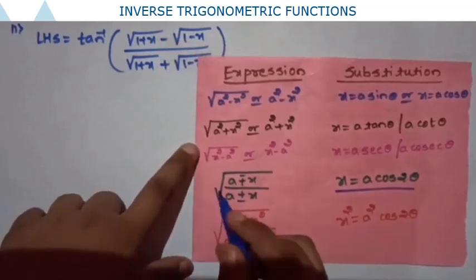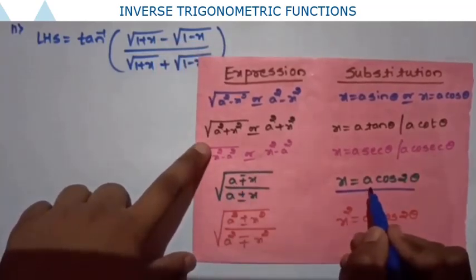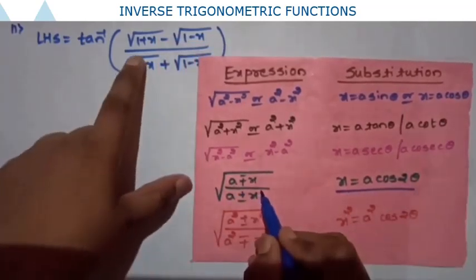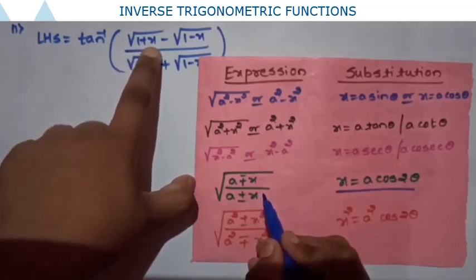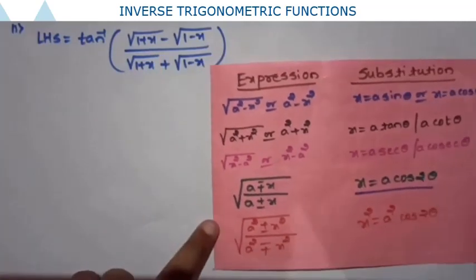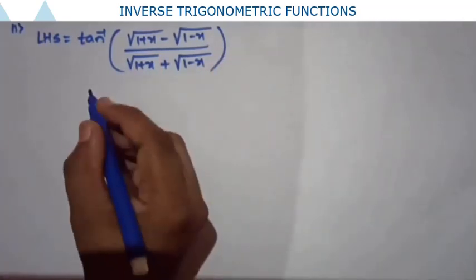Here a value is 1, so we substitute x equals cos 2 theta.